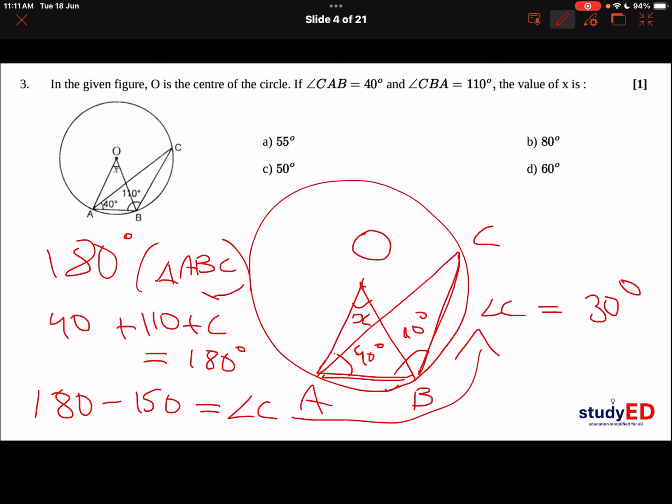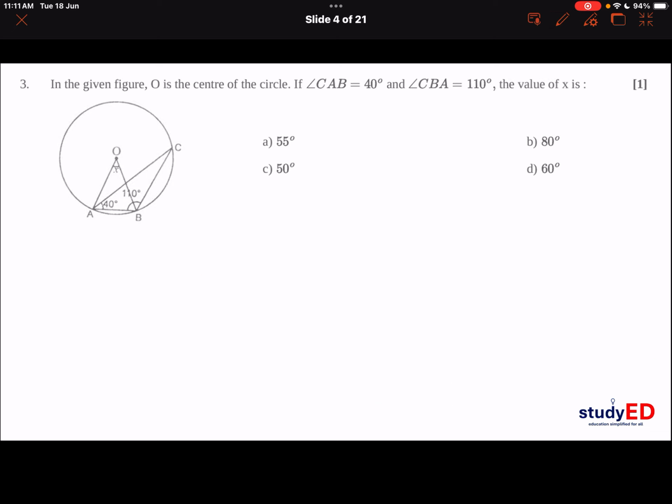So x is 2 times 30, that is 60 degrees. I'll explain it once again. When there is a chord, the angle at the center is twice the angle made by that chord at any point on the circumference. Since this is 30, the center angle is twice of it. So 2 into 30 is 60 degrees, giving us option D. Let's proceed.